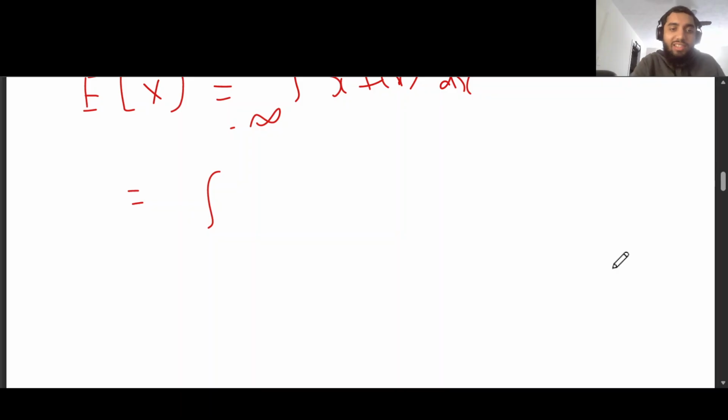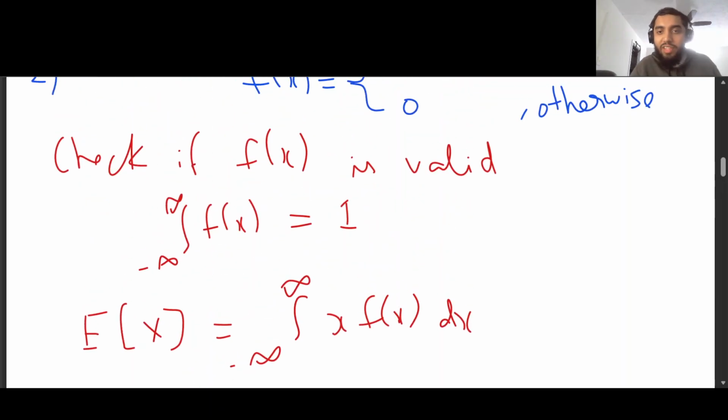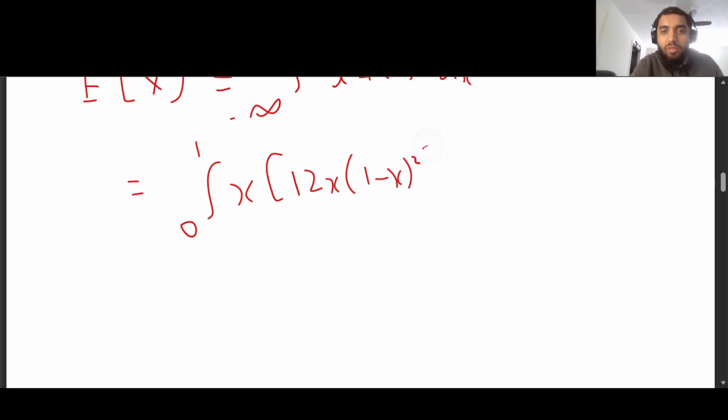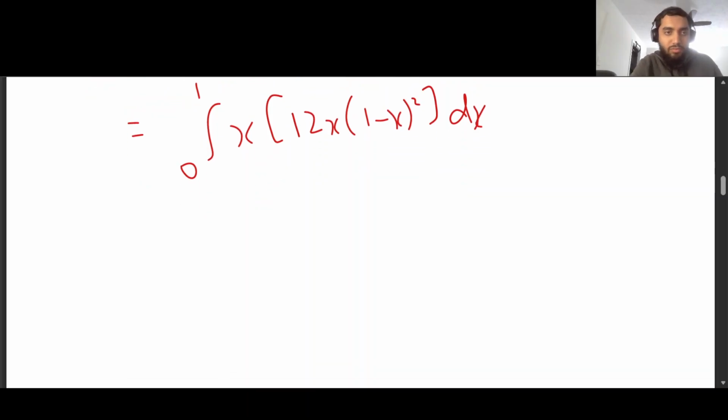So I can change these limits to 0 and 1, and then I can put my f of x here, which is 12x (1 minus x) whole squared dx. Now let's solve for this.